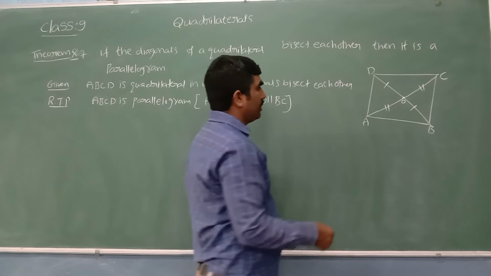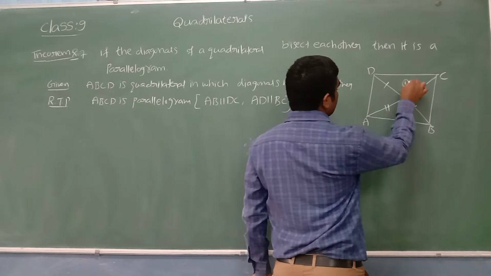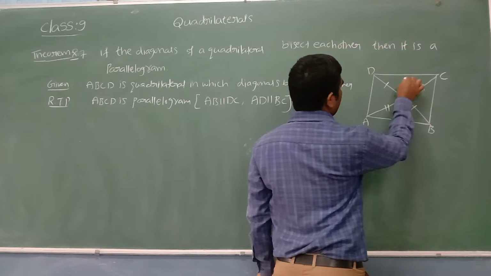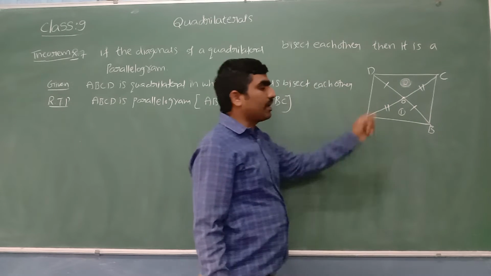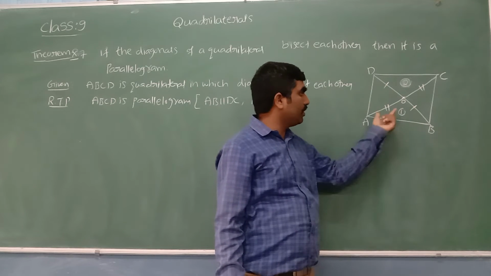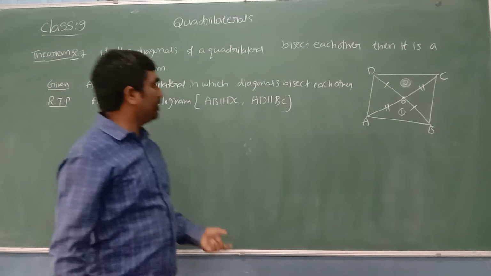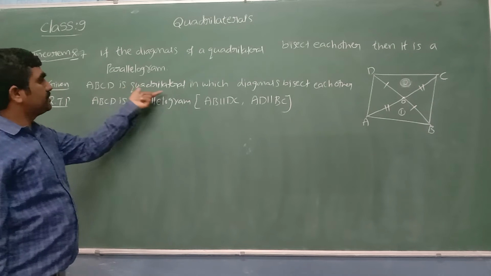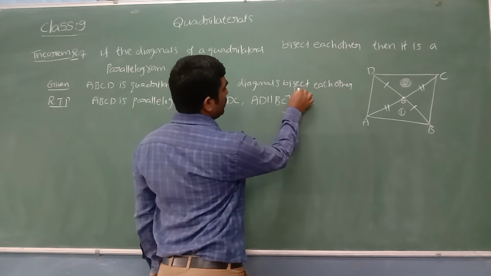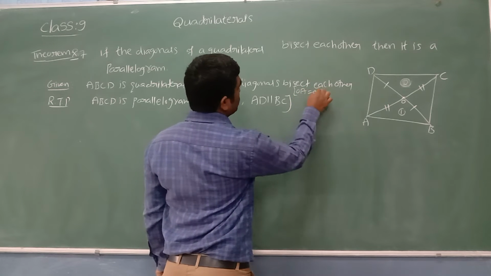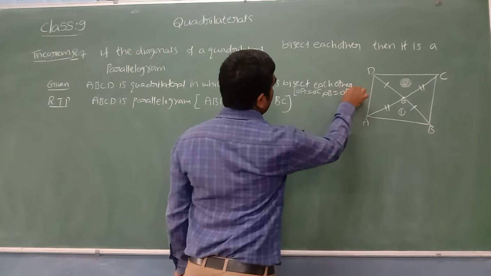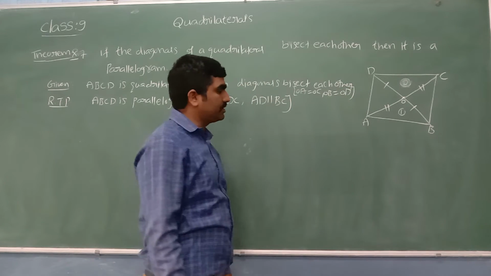Let us take 2 triangles. Let me go with these 2 triangles, since it is easy to prove they are congruent. Given OA is equal to OC and OB is equal to OD, because the diagonals bisect each other.